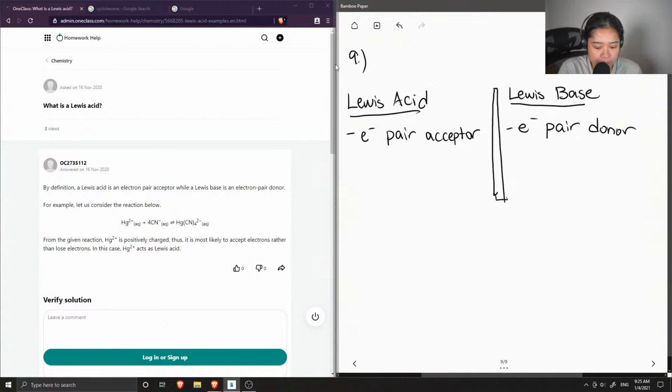Now let's have an example for the two. In the case of a Lewis acid, an example of this would be like NH3. So this ammonia has a lone pair that is capable of donating its electrons.